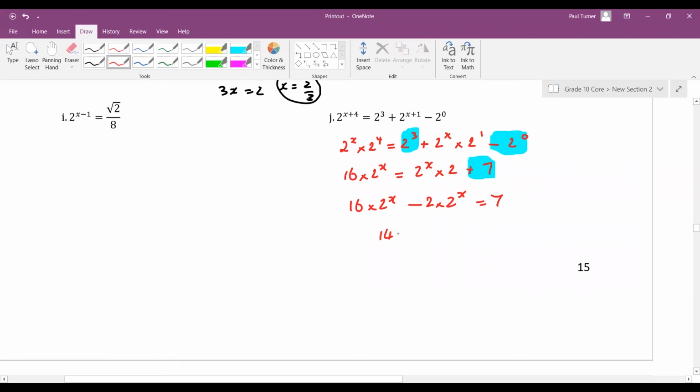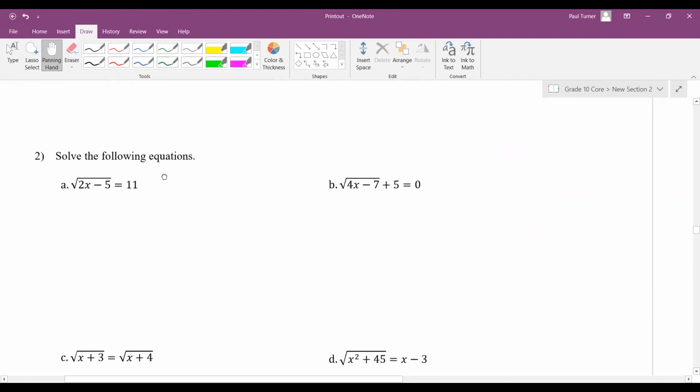So that's 14 times 2x equals 7. And then we divide both sides by 14. That will cancel. So 2x equals 1/2. So that's going to be 2 power minus 1, which is 1/2. So x is going to be minus 1.